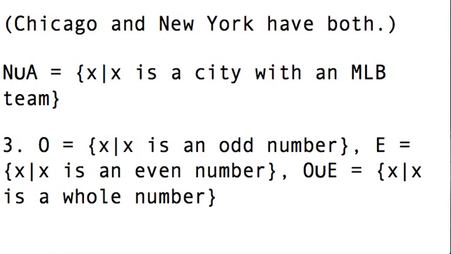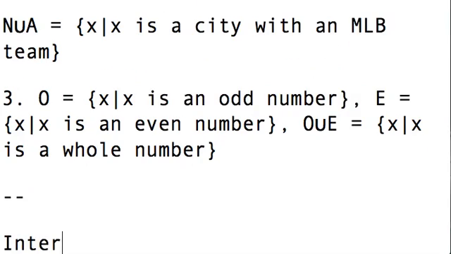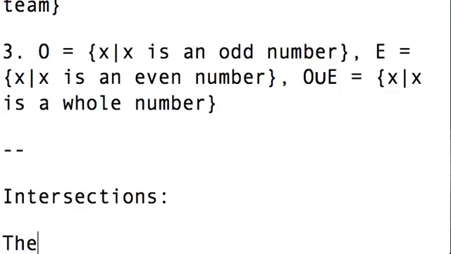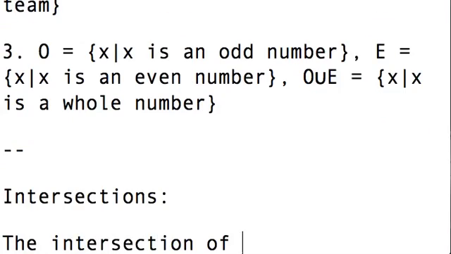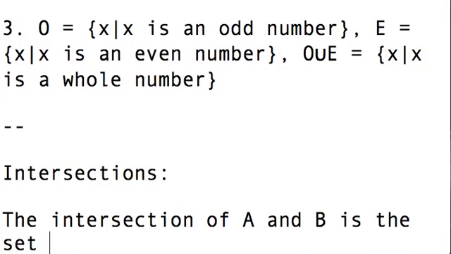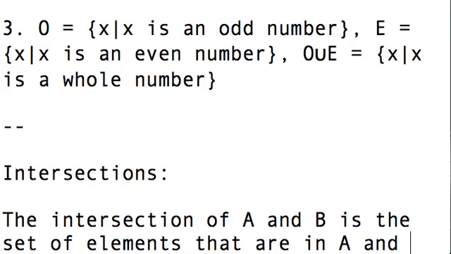The next set operation we have is intersection. What is the intersection? The intersection of A and B is the set of elements that are in A and B, what they share, basically.